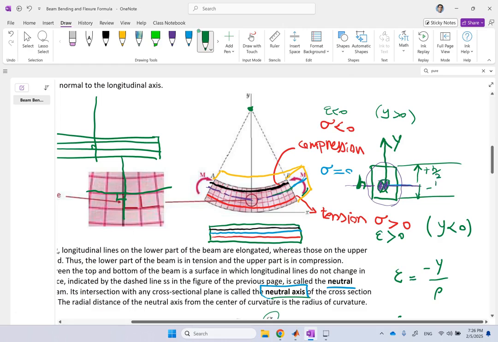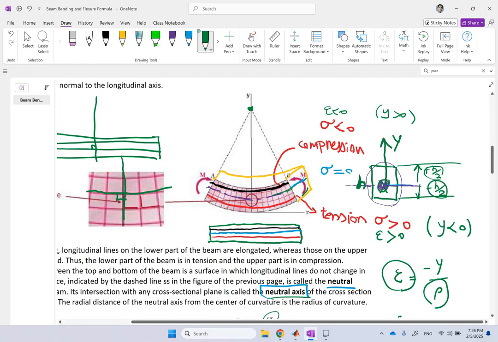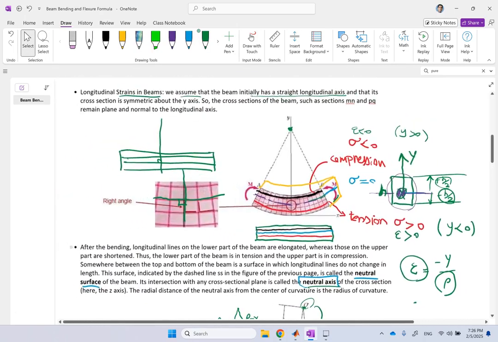Negative h over 2. That's all it can change. But rho is a big number. So rho could be in tens of meters or hundreds of meters, but this h is typically much smaller. So when you divide, you expect very small numbers for the strain, which is exactly what we expect to have. Small numbers for the strain.